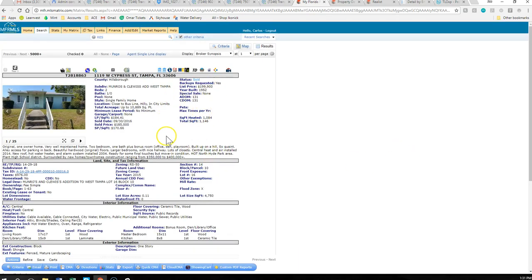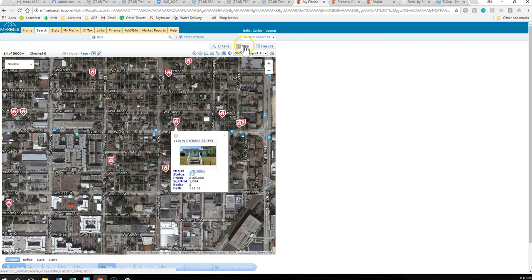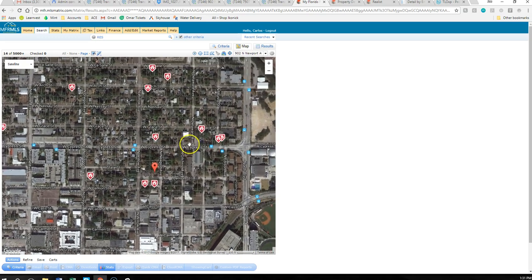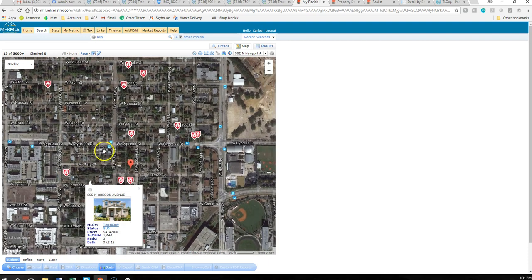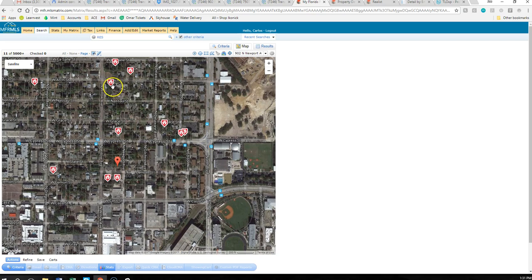Sold for $185, but it's a lot smaller. So it sold for $414. Wow. That's good.